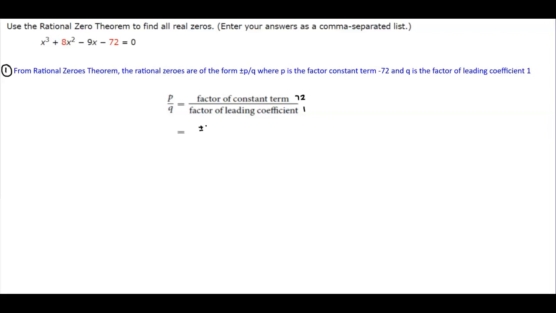Well, it's plus or minus 1, plus or minus 2, plus or minus 3, plus or minus 4, plus or minus 6, plus or minus 8, plus or minus 9, plus or minus 12, plus or minus 18, plus or minus 24, plus or minus 36, and plus or minus 72, and that's all over plus or minus 1.